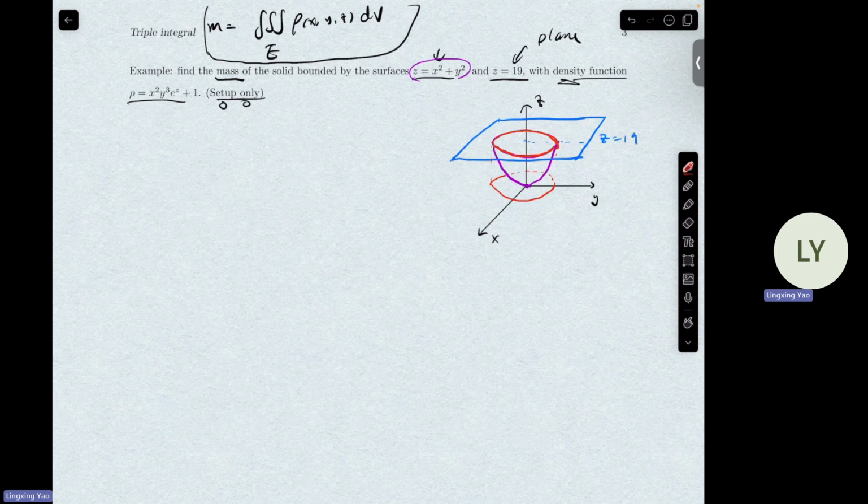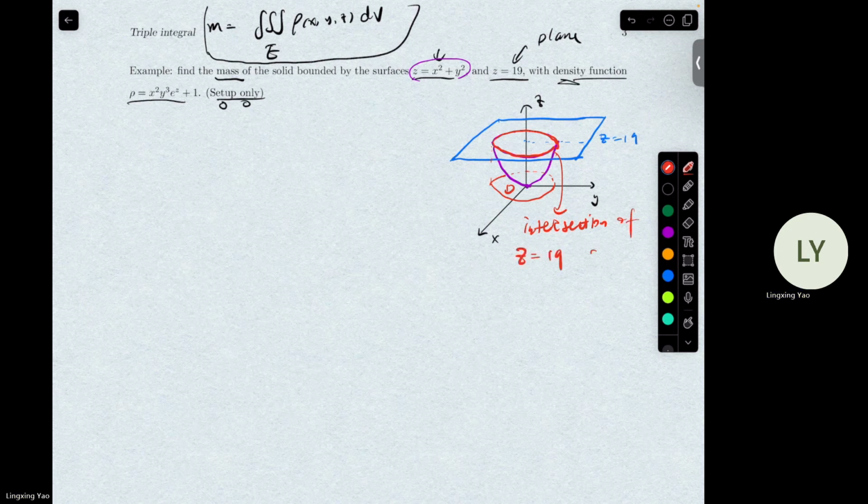Okay, so now let's look at this domain. First of all, we want to find where this red curve really is, because that is supposed to be the intersection of the plane z equals 19 and the paraboloid z equals x squared plus y squared.